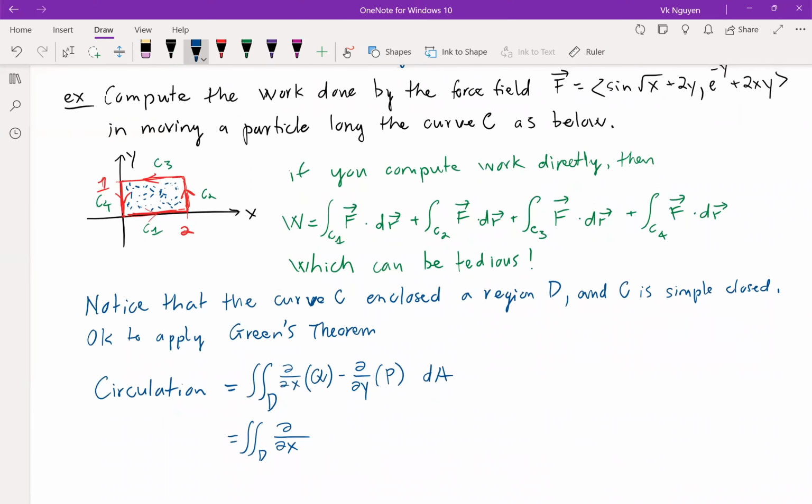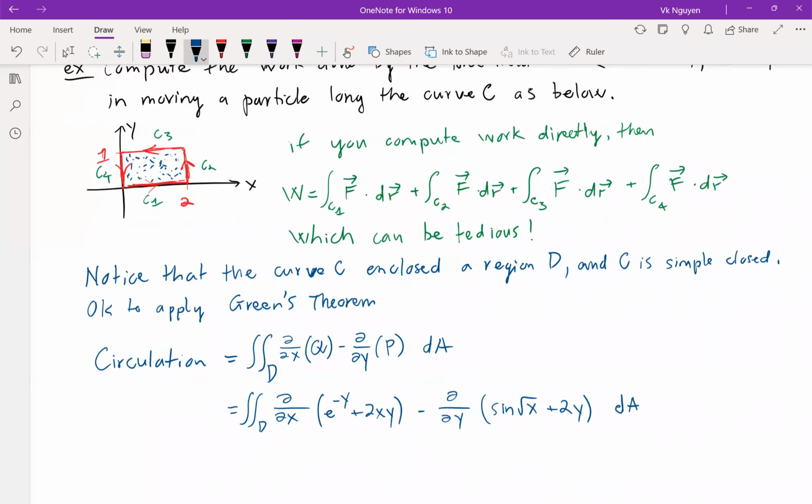Partial derivative with respect to x of e to the negative y plus 2xy, minus the partial derivative with respect to y of sine root x plus 2y, dA.